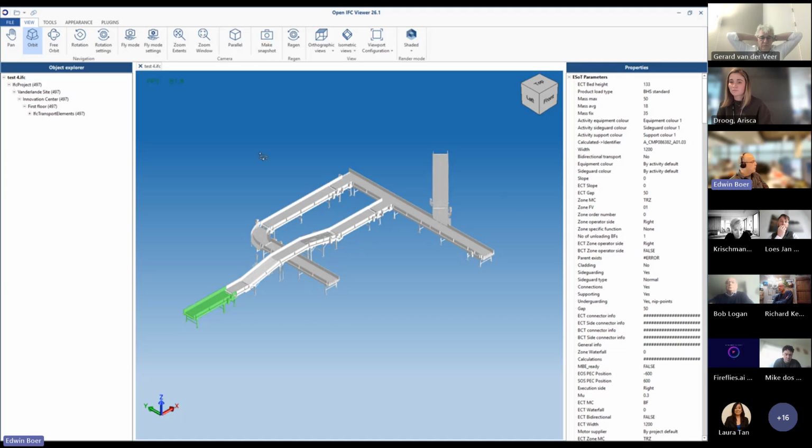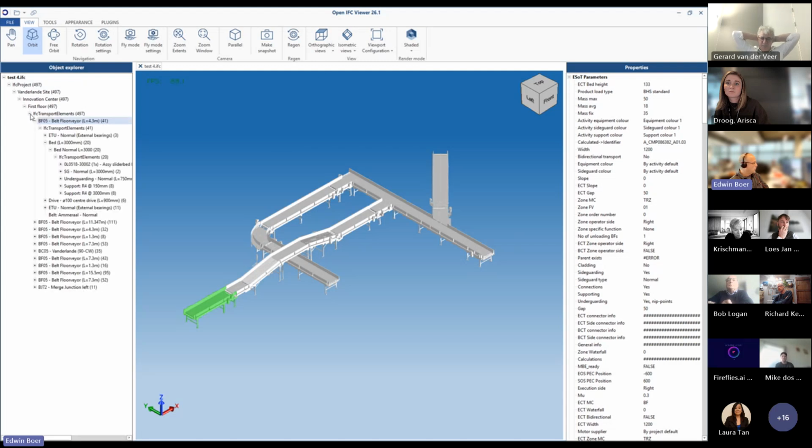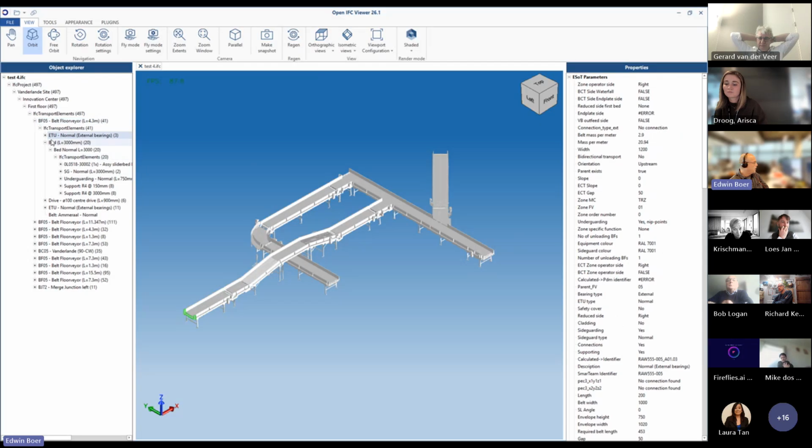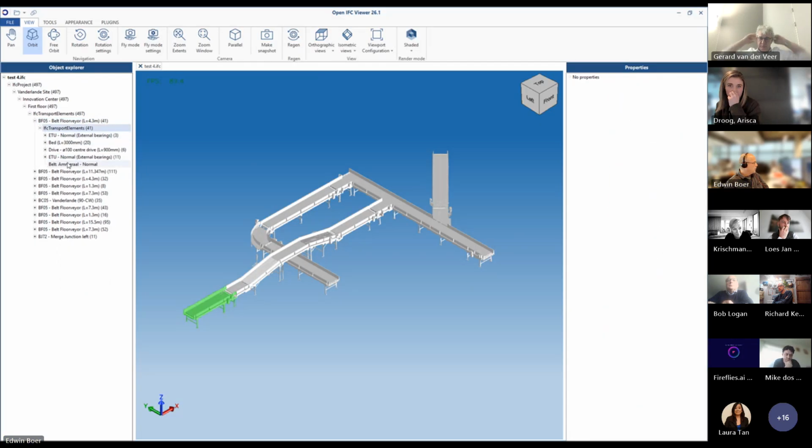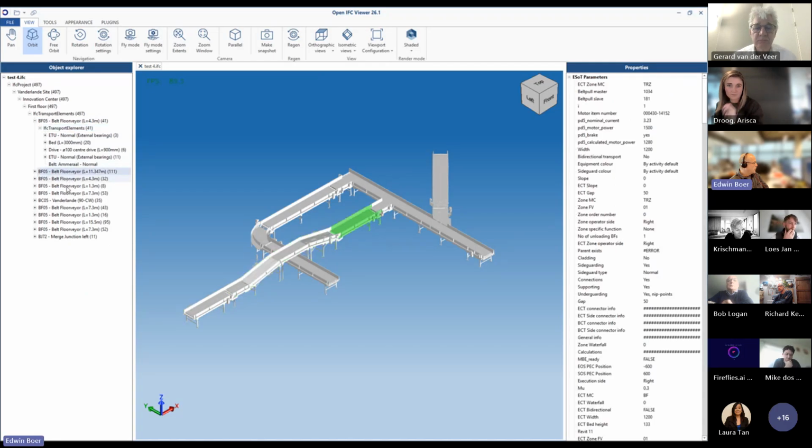And we were able to create something like this directly from those two text files. And this was done prior to the acquisition with buildingSMART, but we are already able to create this.